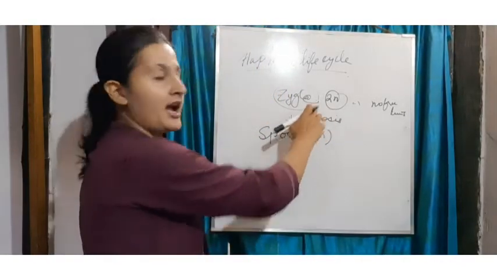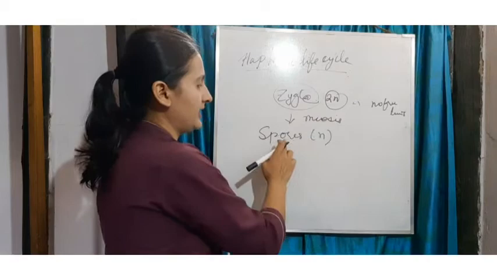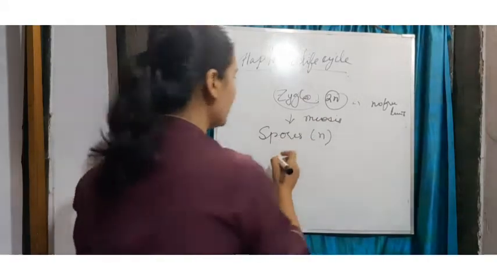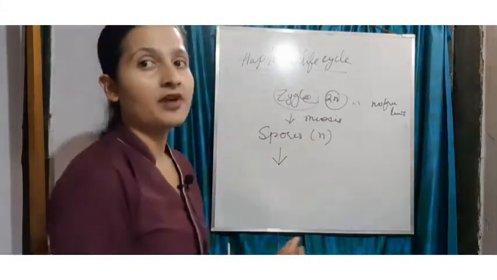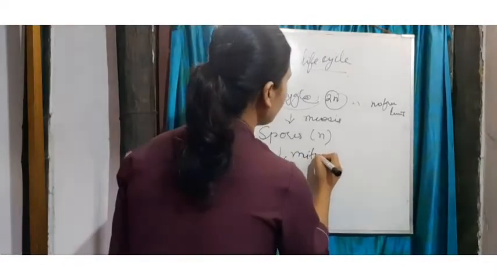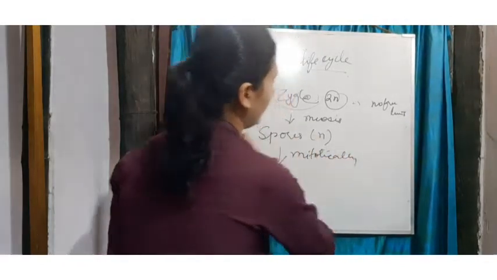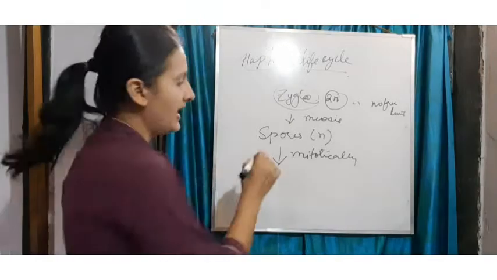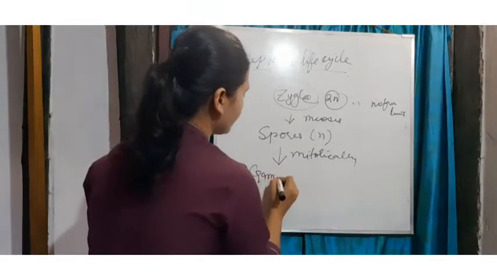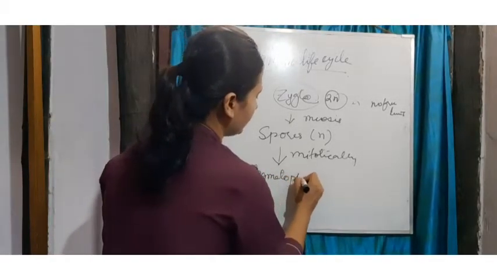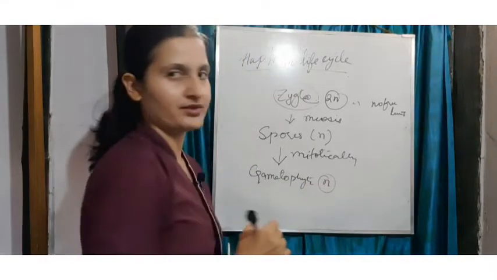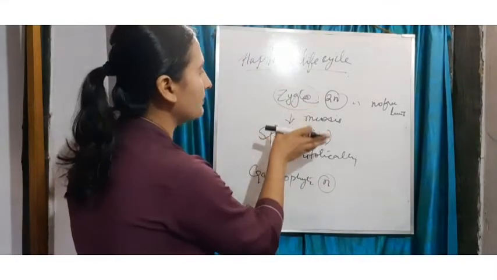This is diploid; after meiosis, they form spores, which are haploid. Later, these spores divide mitotically and give rise to the gametophyte, which is an individual, and this individual is haploid. So this is the haplontic life cycle.